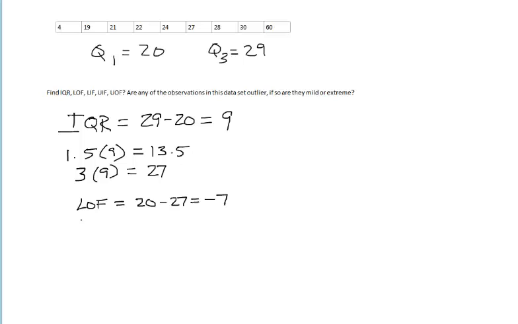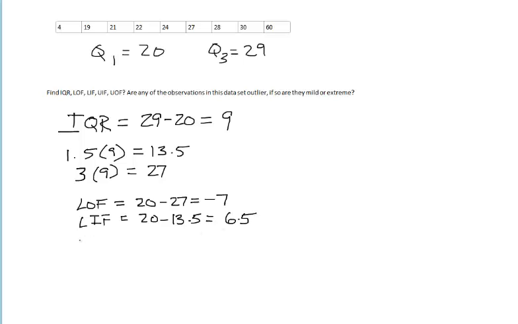And then the lower inner fence is equal to Q1, so 20, minus 1.5 times IQR, or 13.5. So this leaves us with 6.5.